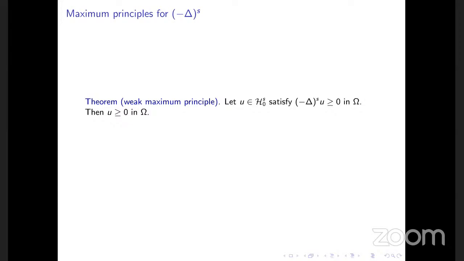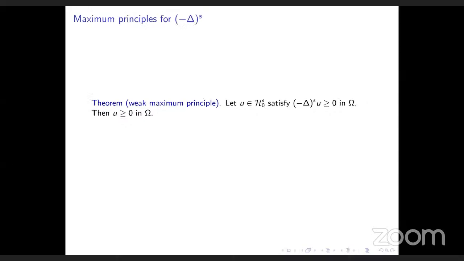Instead of u being a classical solution, maybe what is simpler is that u is continuous, or lower semi-continuous in Omega and in L^1_s.